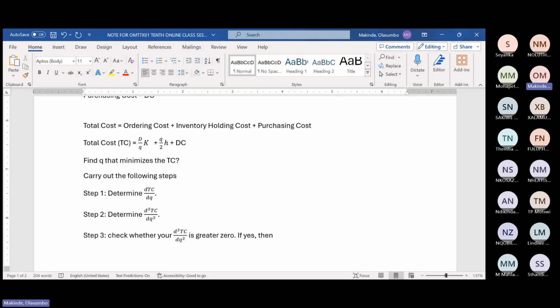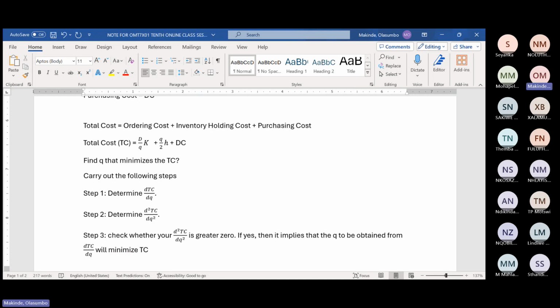If it's greater than 0, meaning that it's positive, then it implies that the Q to be obtained from the TC dq, from the total cost expression formula, will minimize the total cost, to minimize TC.